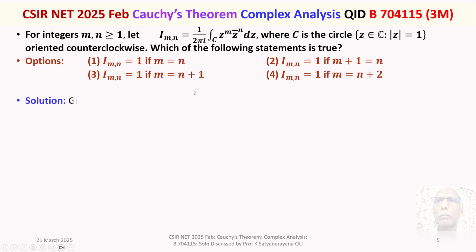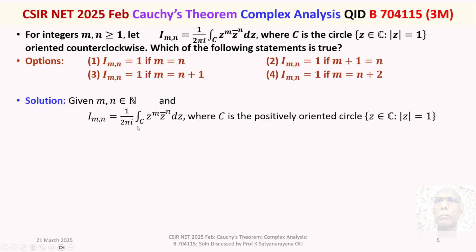Let's now discuss the solution of the problem in detail. We are given m and n are positive integers, that means they belong to the set of natural numbers, and I_{m,n} = 1/(2πi) times the integral taken round C of z^m times z bar^n dz, where C is the positively oriented circle, that is, the set of all z belonging to C such that |z| = 1.